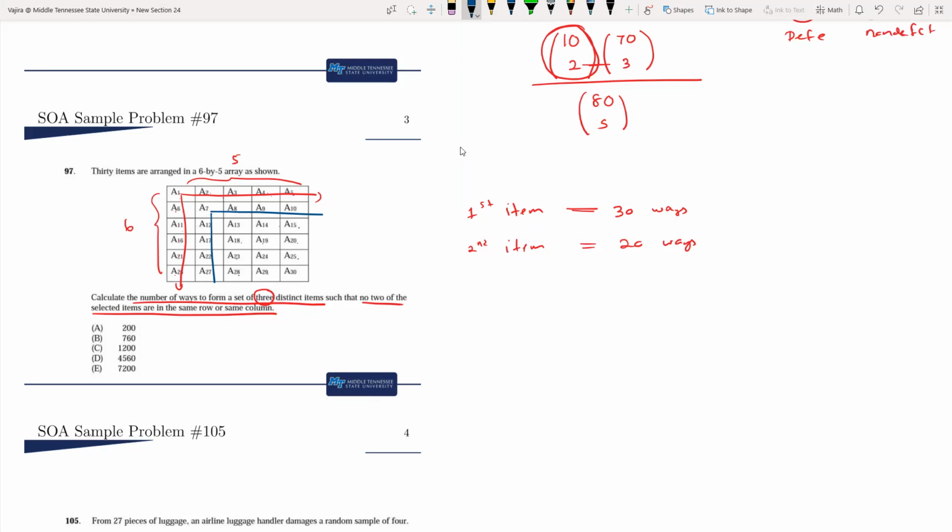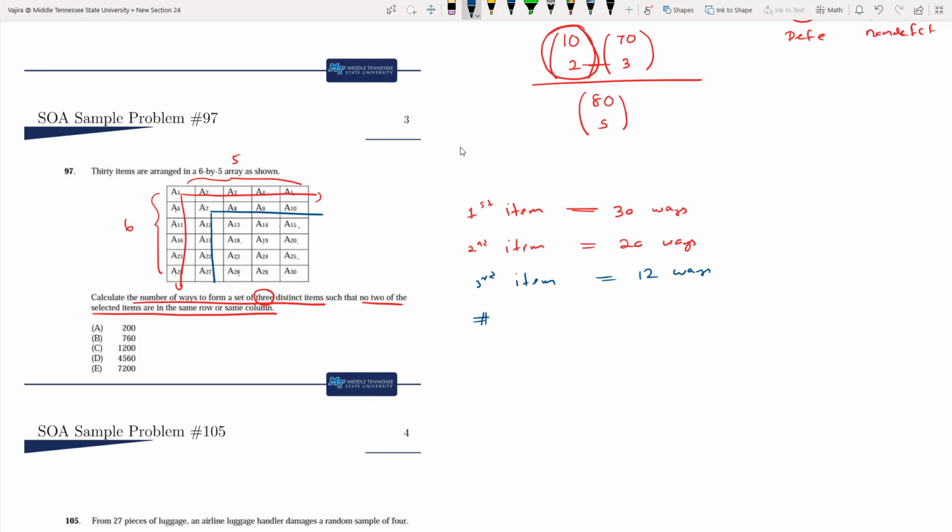So there are 12. So for the third item, 12 ways. This one gives us permutation because we are really considering the way we choose.